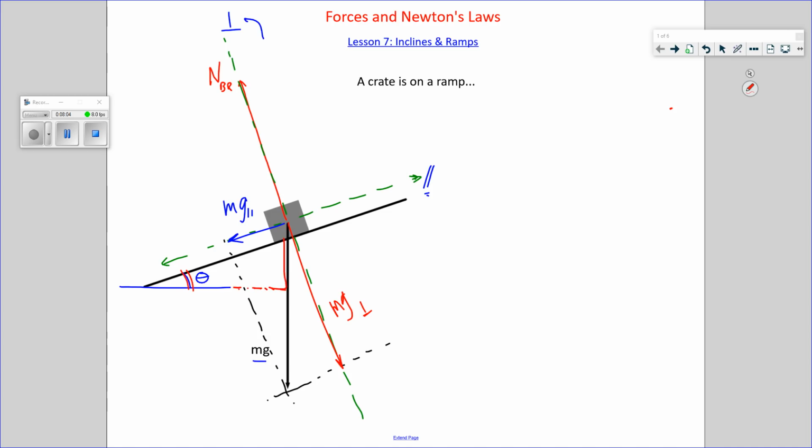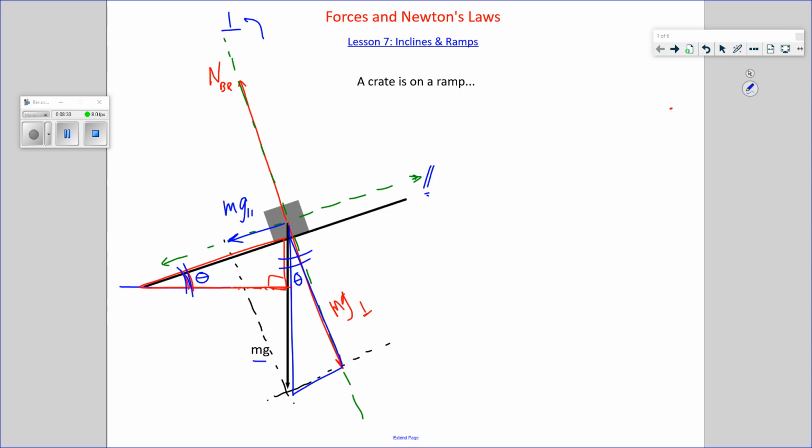Here is a right triangle, right? And here's another right triangle. And those are similar triangles. And so this angle theta here is also this angle in the blue triangle there.